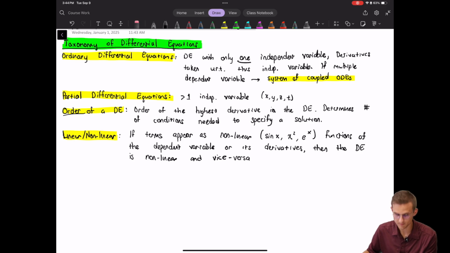Okay. Then there's the notion of homogeneity. So homogeneous.